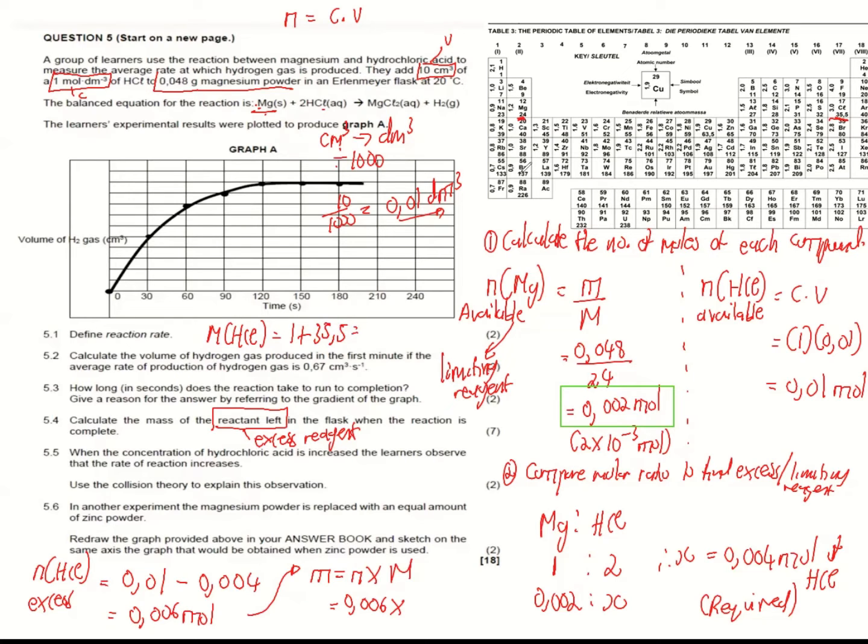Make sure that you are using the periodic table that you get from your answer sheet. Even when you are practicing, do not use the periodic tables from your textbooks, because you find that those ones are not rounded off. Make sure that you practice with the one on your question paper.